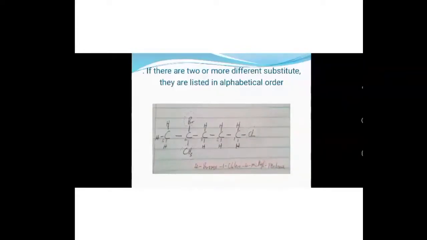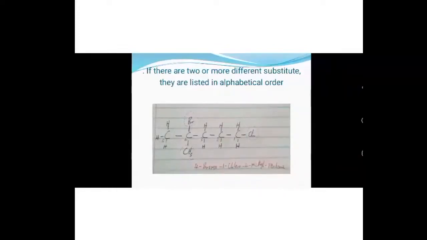B comes before C in alphabetical order, and C comes before M. The B is for bromine, the C is for chlorine, and the M is for methyl. So if B comes before C, we name bromine before chlorine, and if C comes before M, we name chlorine before methyl.